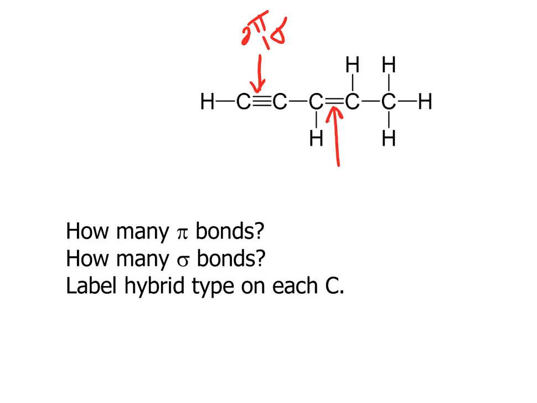A double bond is 1 pi and 1 sigma. And so this one has 3 pi bonds. Then to count sigma bonds, really just every bond counts as a sigma. Every bond has at least 1 sigma in it. So 1, 2, 3, 4, 5, 6, 7, 8, 10.